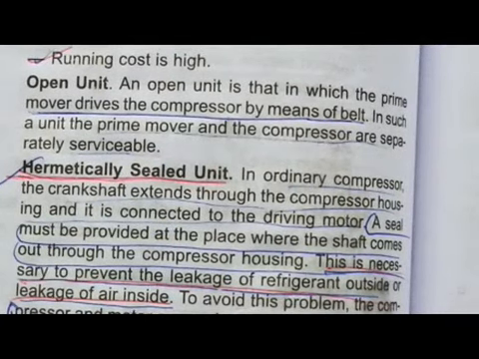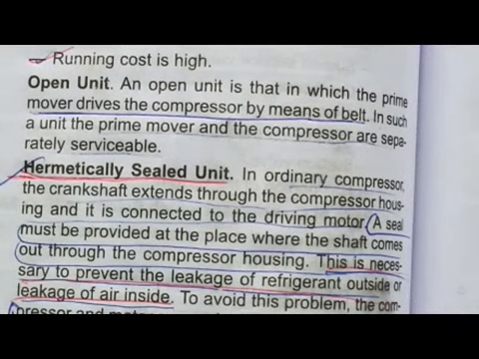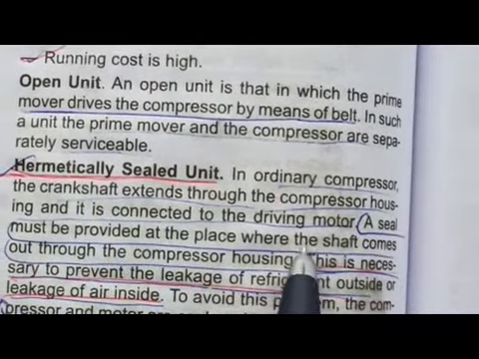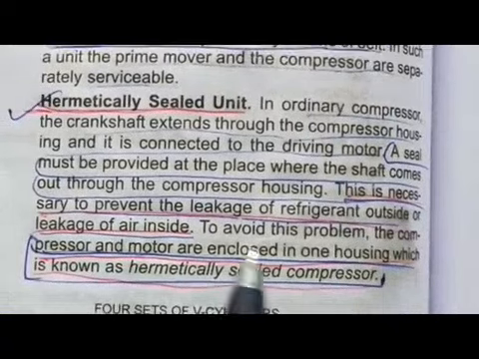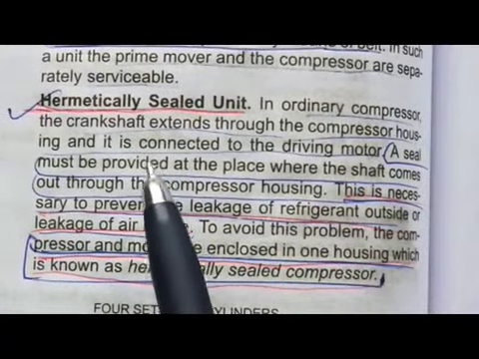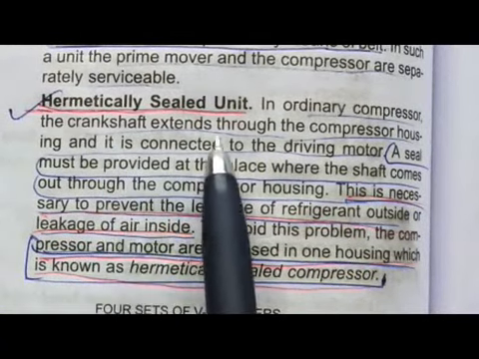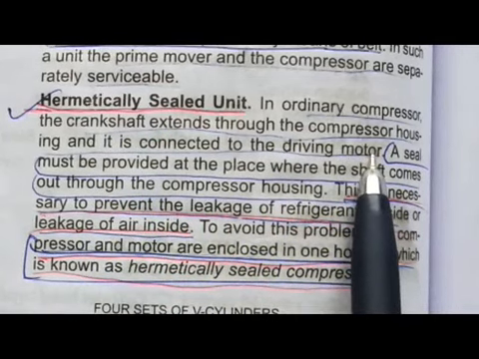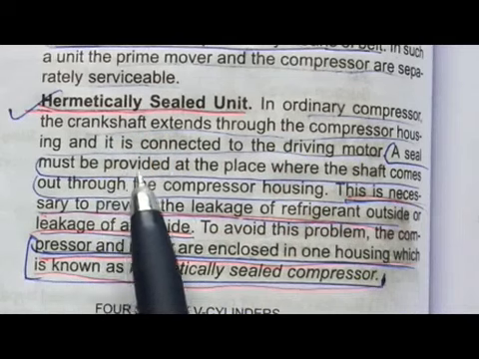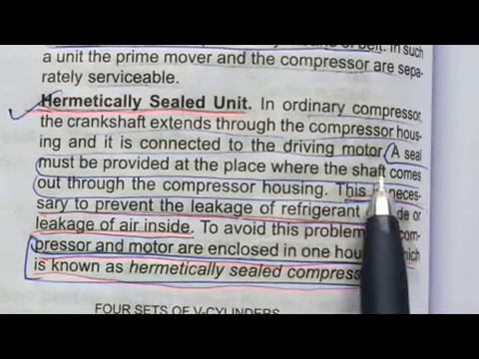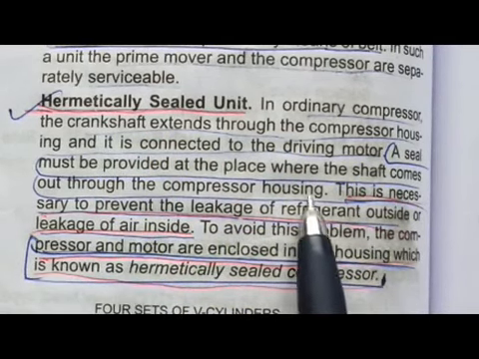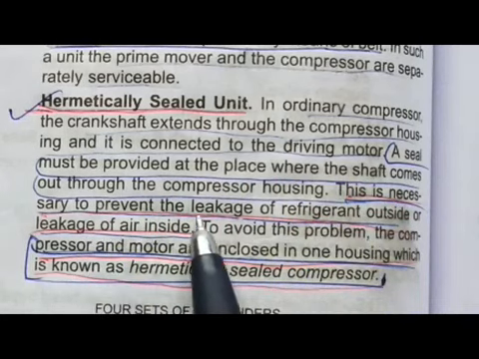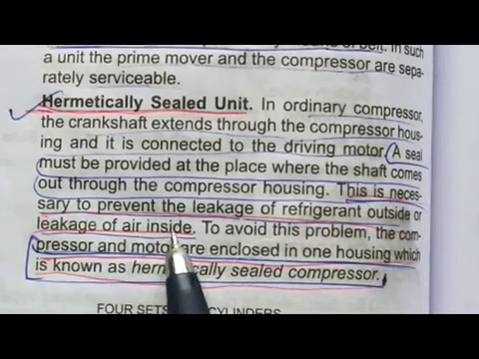Now the hermetically sealed unit. This is important: in a domestic refrigerator we use a hermetically sealed unit. In an ordinary compressor, the crankshaft extends through the compressor housing and is connected to the driving motor. A seal must be provided where the shaft comes out through the housing, to prevent leakage of refrigerant outside or leakage of air.